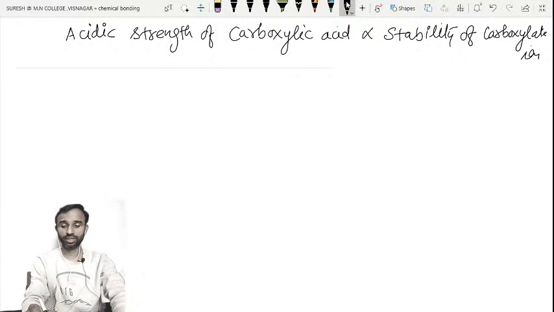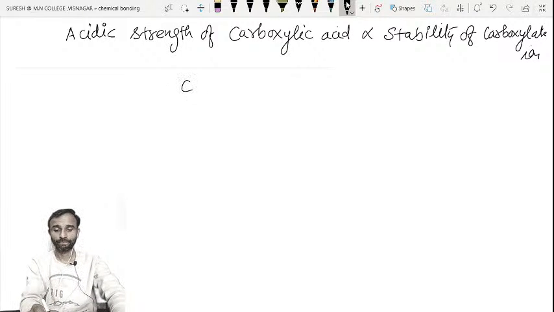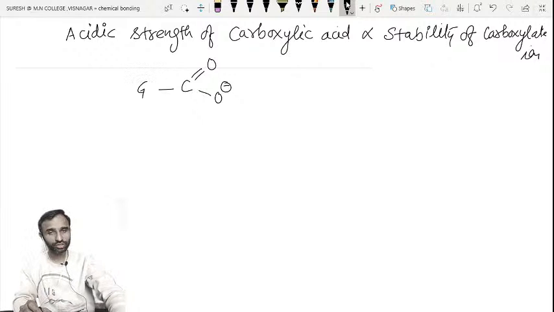See, this is the carboxylate ion and this is the group attached.